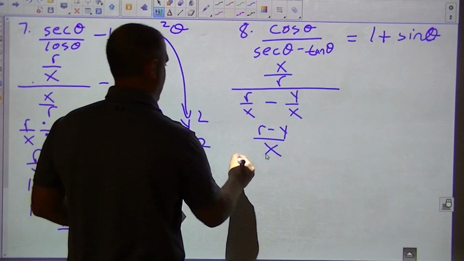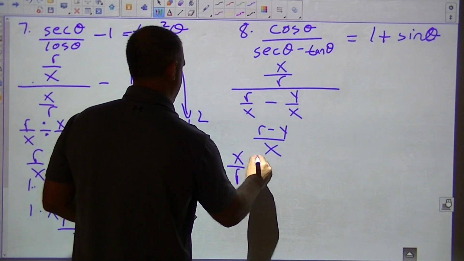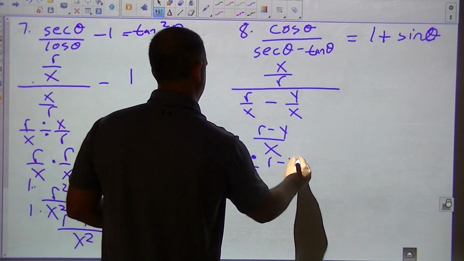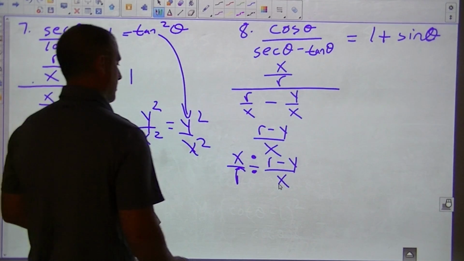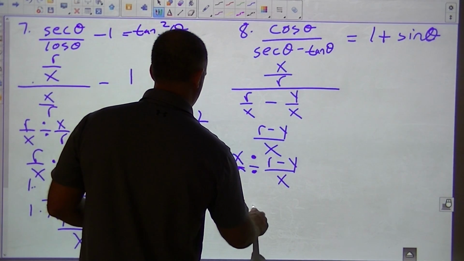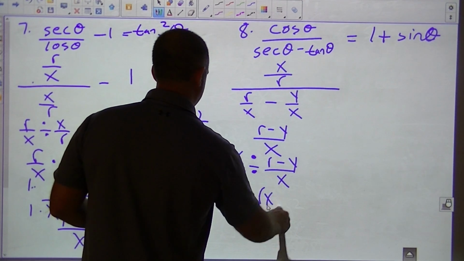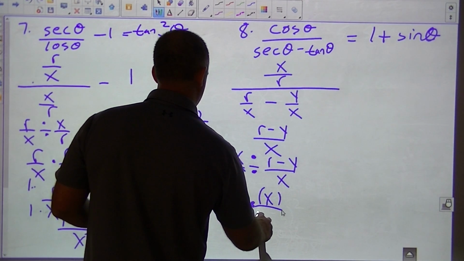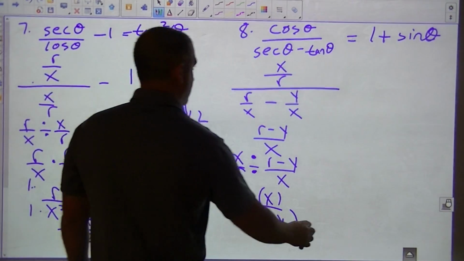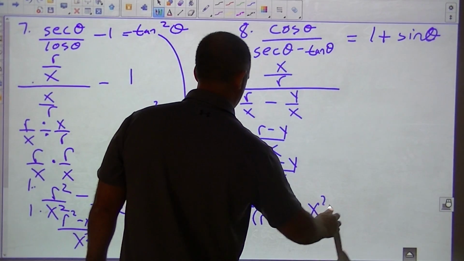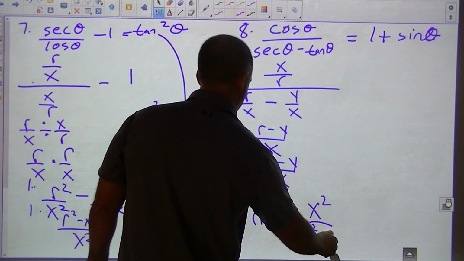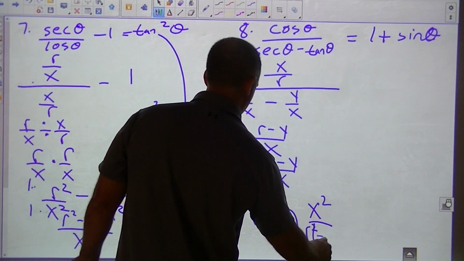Now I've got x over r divided by r minus y over x. So what's going to happen here is this is going to be x over r times x over r minus y. So I got x squared over r squared minus, or r times r minus y.